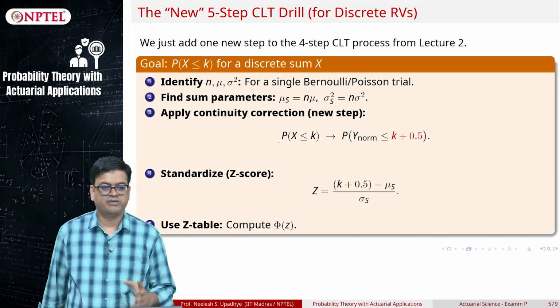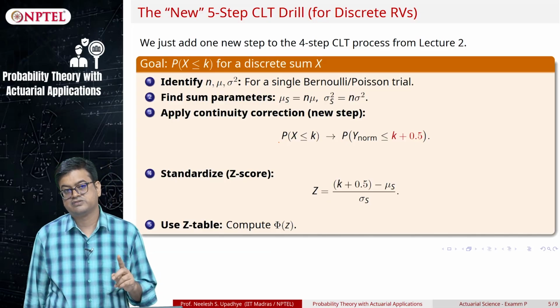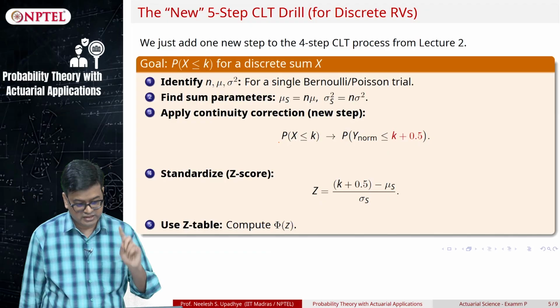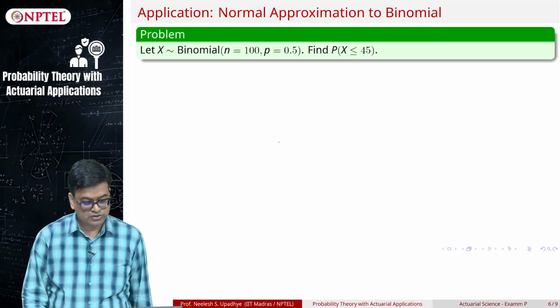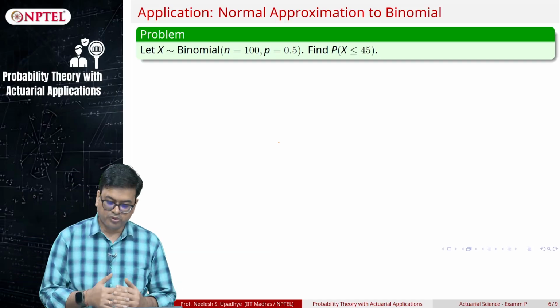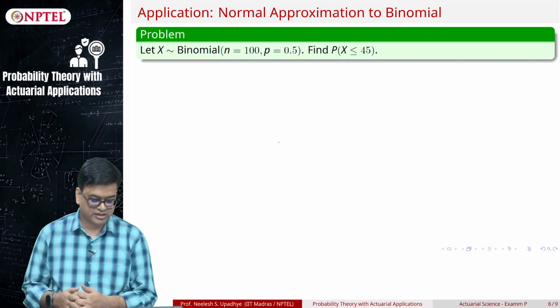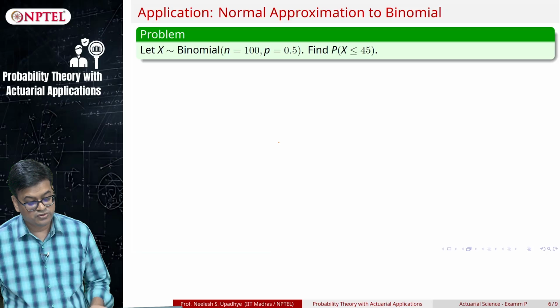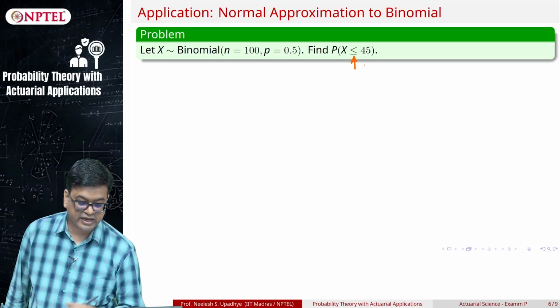Let us take up one problem and see how it works. This is for the less than or equal to setup, which is rule 1 that is applicable here. So x follows binomial 100 with success probability of 0.5. I want to find probability of x less than or equal to 45. Rule 1, less than or equal to 45. So what should I actually find?